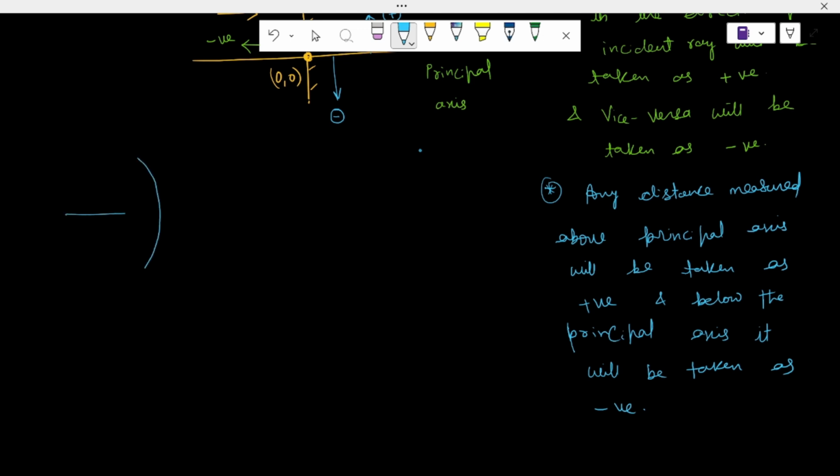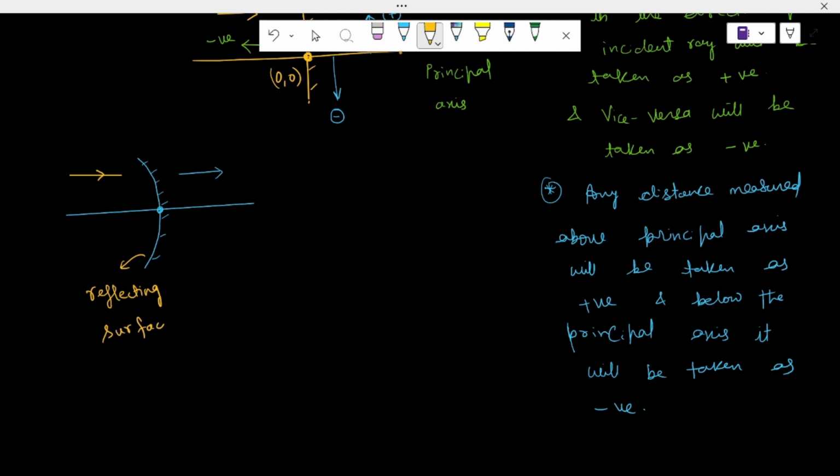Suppose this is my concave mirror, so this pole will be taken as origin. Of course, first you should know incident ray must always be incident in front of the reflecting surface.